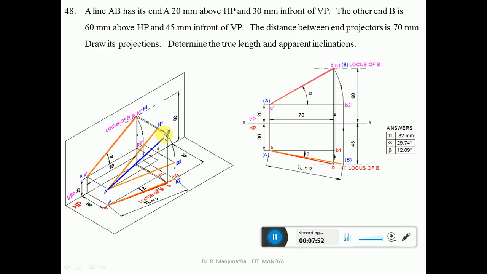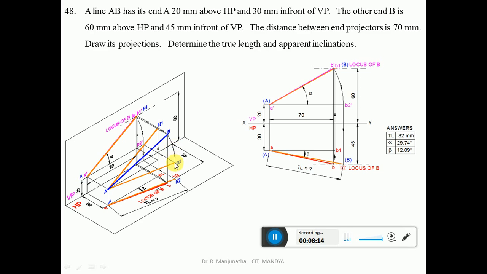So that means capital B is moved from B to B2, such that B2 will be above HP by 20 mm, and capital A is also above HP by 20 mm. Then capital AB2 is the line which is parallel to HP. When it is parallel to HP, we will be able to find the true length in HP.